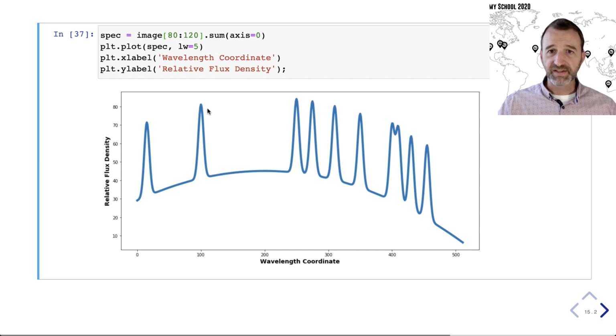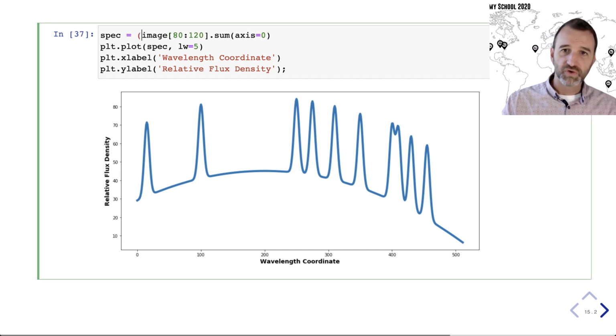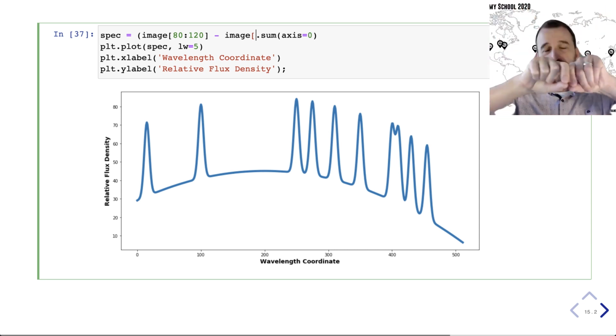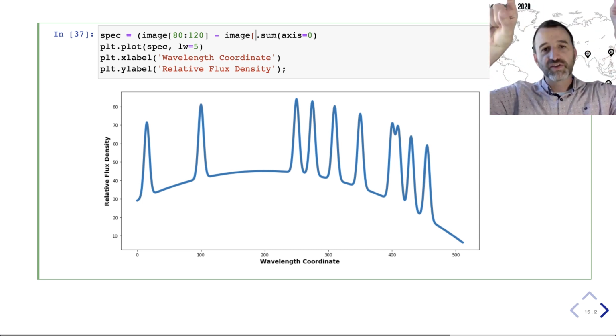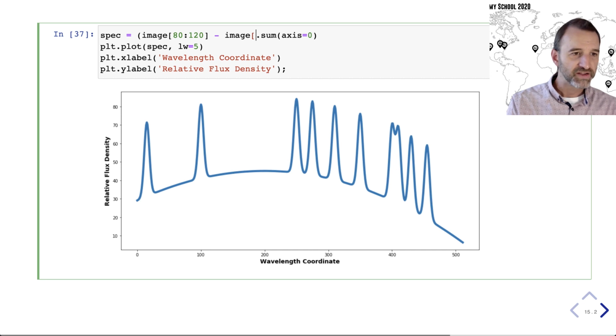Then the next thing we need to do is subtract off the contribution of the sky as a function of wavelength. For this we have our sky measurements, and we can just use the image. We'll take the image data and, in a different part where we don't have that trace, ask how bright the background is.